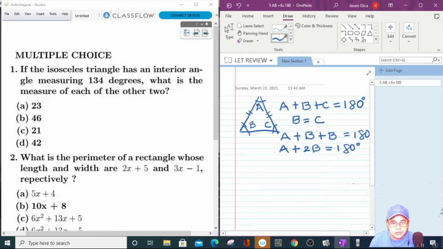So this is the value of A. If we substitute the value of A, which is 134 degrees, given in the problem, plus 2B, we can calculate the value of angle B. Okay, so transpose 134 degrees to the right: 180 degrees minus 134 degrees.